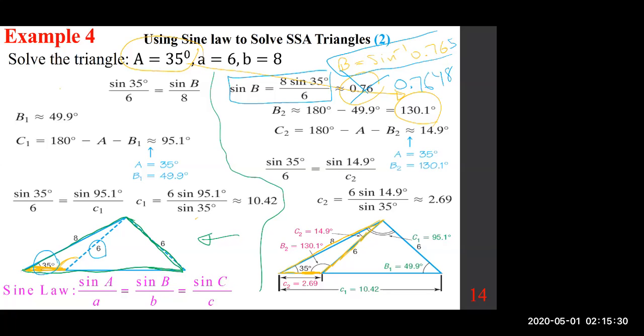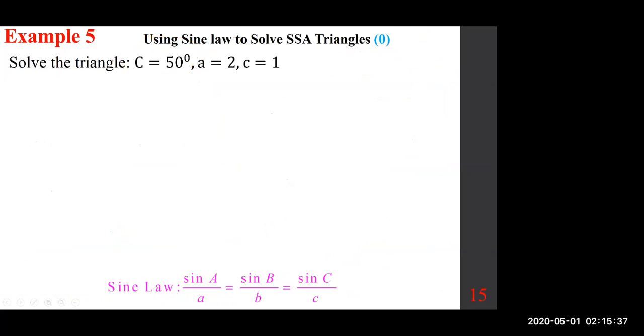When you do the drawing, you want to pay attention to that. Over here, capital C and lowercase c go together. In other words, the side opposite the angle C equals 50 degrees is given as 1. That's extremely important for everybody to see. Okay, class?